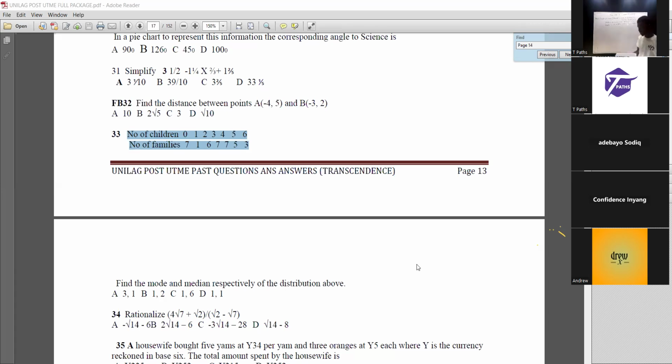Okay, talk. I can't hear anything. I want answers. What is the mode and the median? Answers?